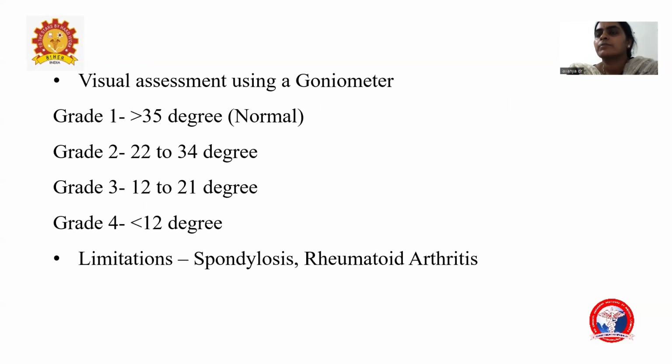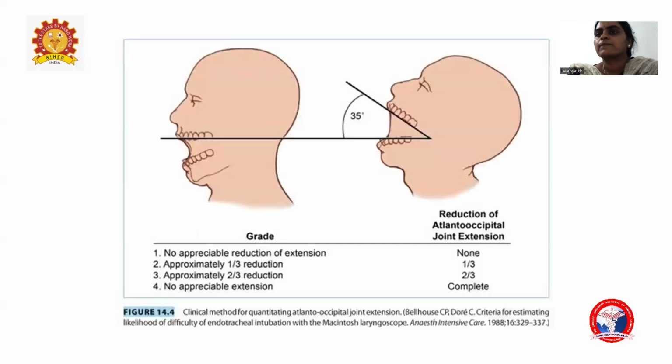These limitations can be expected in patients with spondylosis and in arthritis patients. This is the atlanto-occipital joint extension angle measurement with the goniometer. If the angle is more than 35 degrees, it is said to be normal. If the angle is reduced to one third, there is a reduction in the extension by one third.